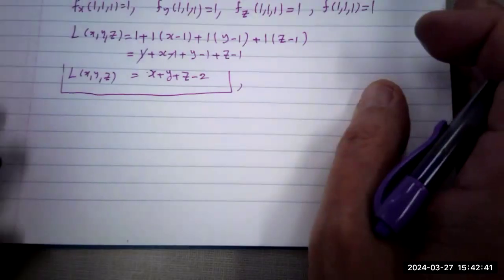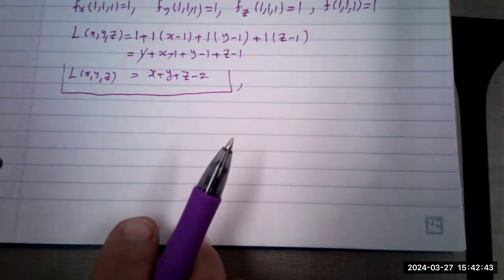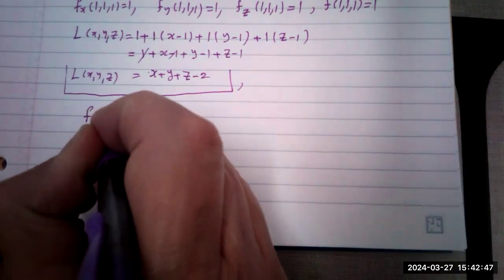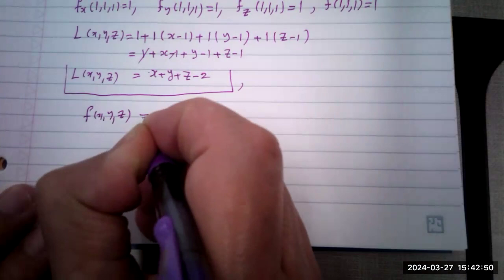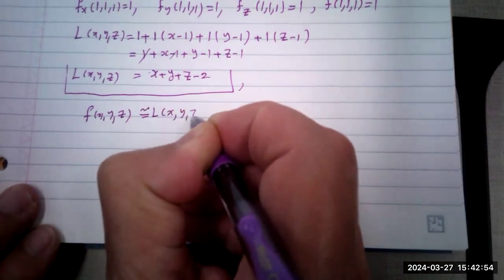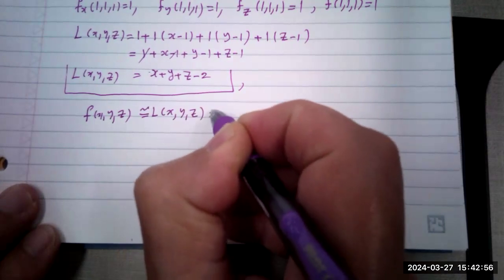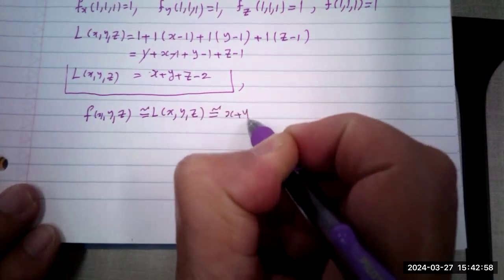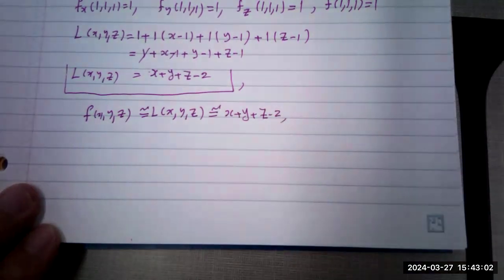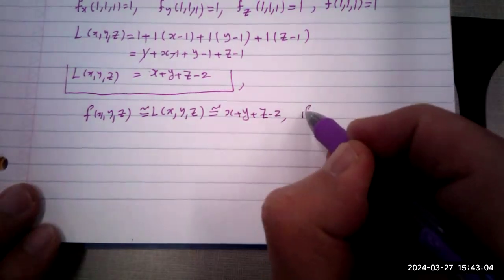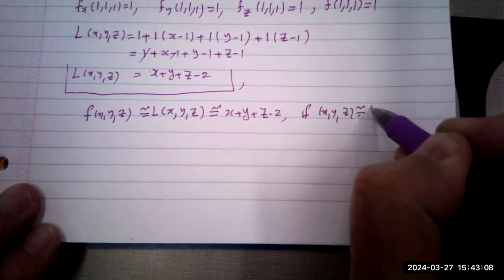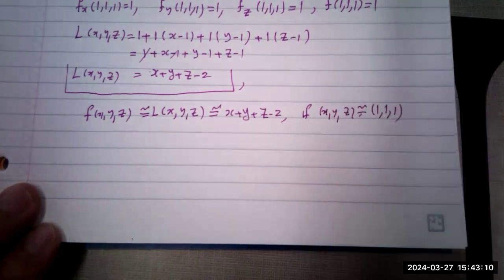So the value of the function f of x, y, z can be estimated by L of x, y, z, which is now x plus y plus z minus 2. But of course, this holds if the point x, y, z is close to 1, 1, 1.